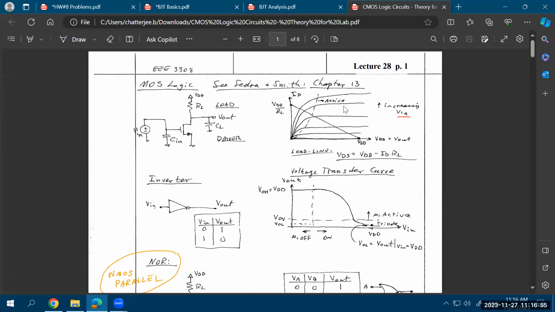For MOS logic, what do we actually mean by MOS logic or CMOS logic? Till now, whatever we have discussed are analog circuits. You have a continuous voltage or current, and you are analyzing those continuous voltages and currents at the input or output of a circuit.